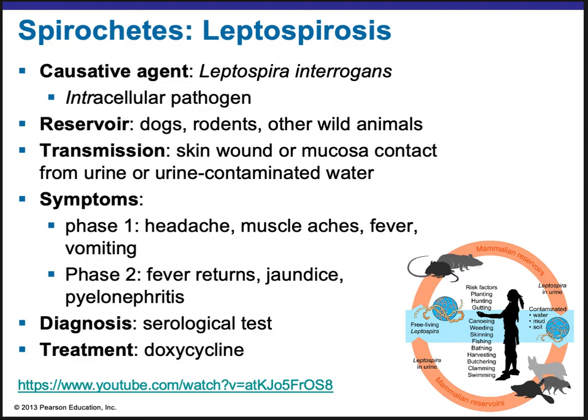From your gut, you excrete your feces, and then some of that can get into your urethra, work its way all the way up, right? So a unique example here of pyelonephritis that does not start out from the urethra and work its way up.